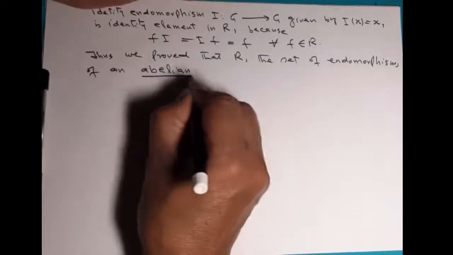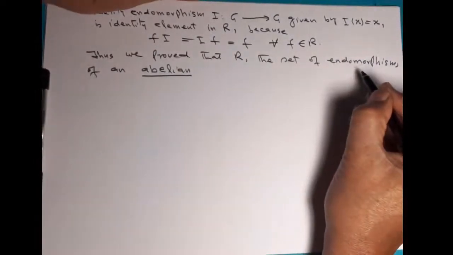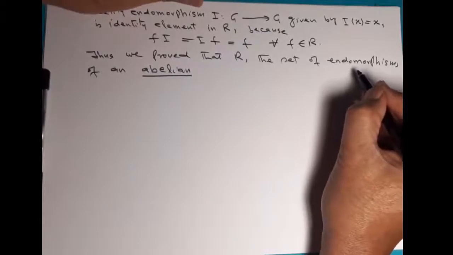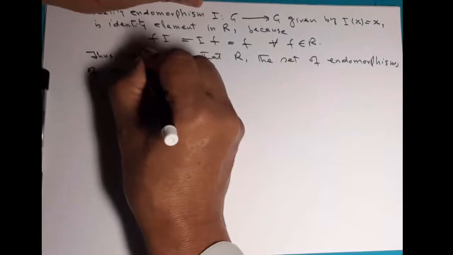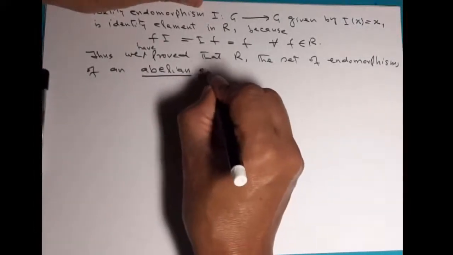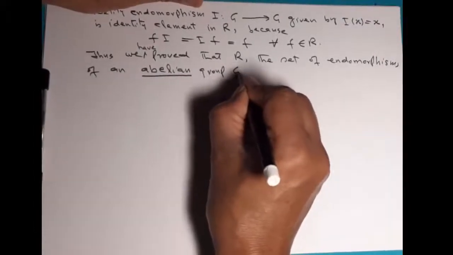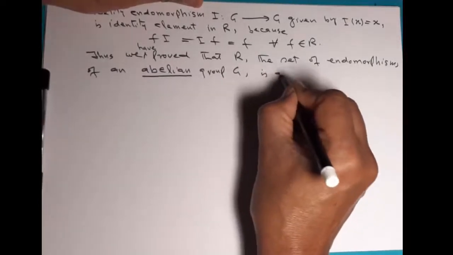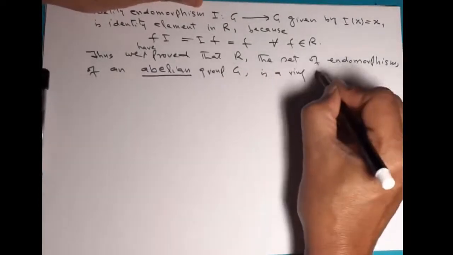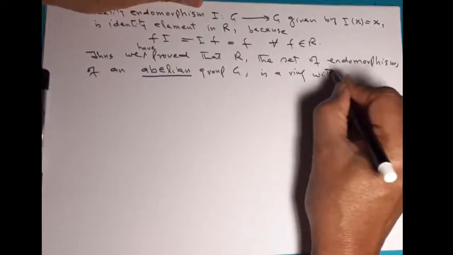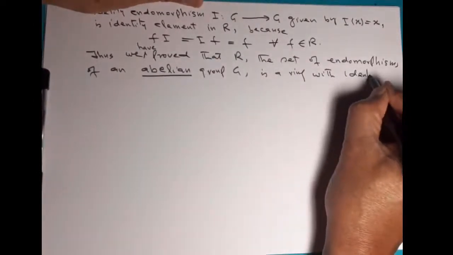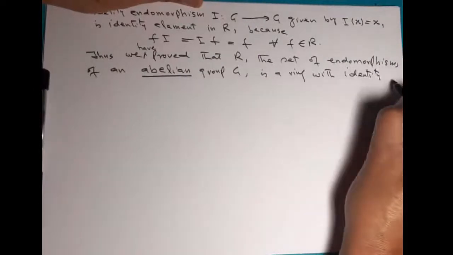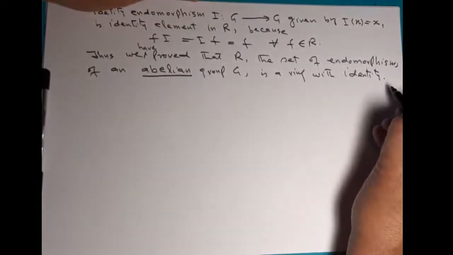Remember that it is an abelian group, because a lot depends upon group G being commutative. Thus we have proved that R, the set of endomorphisms of an abelian group G, is a ring with identity, and the identity is the identity endomorphism.